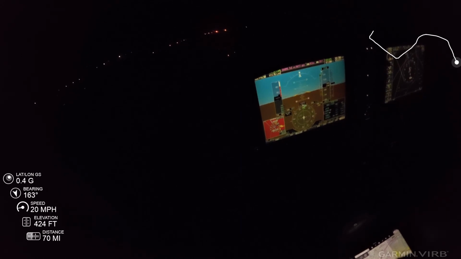Stay on the brakes? A little bit, yes. They shouldn't. Shouldn't be? No.